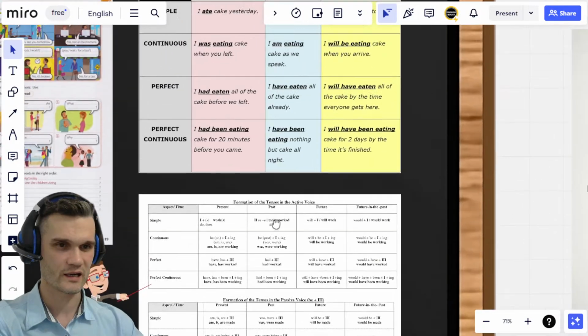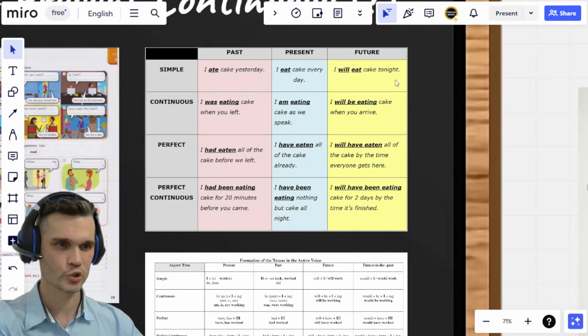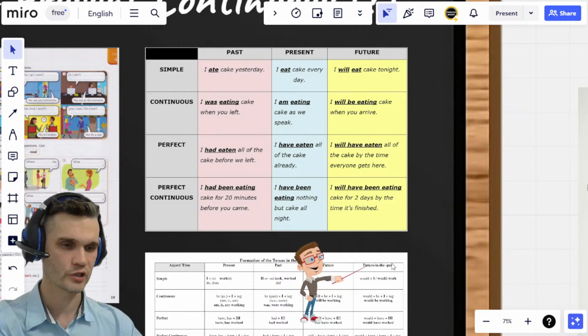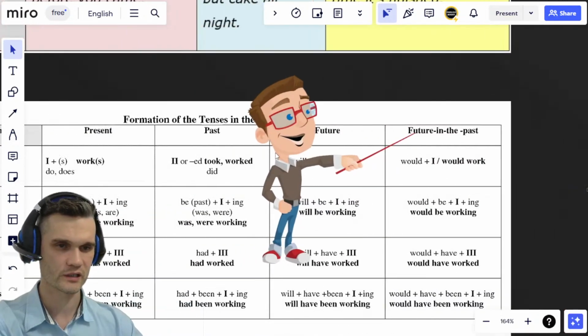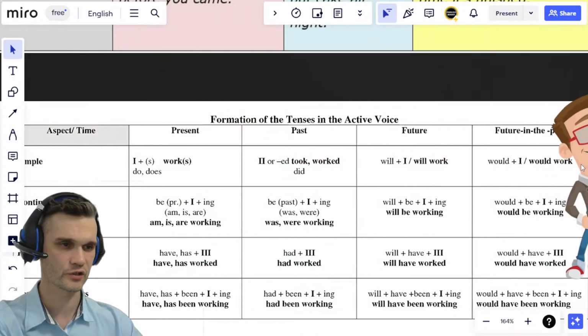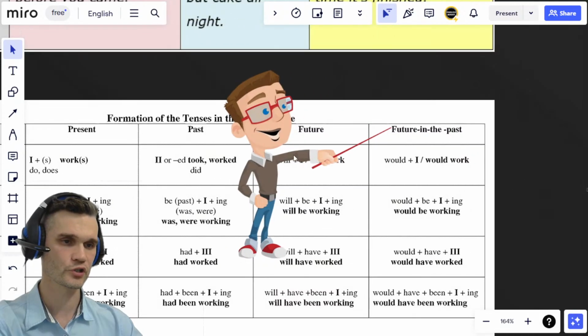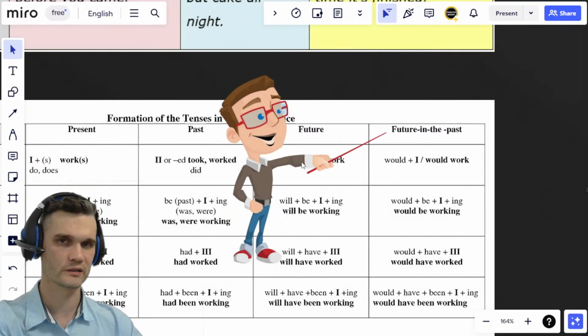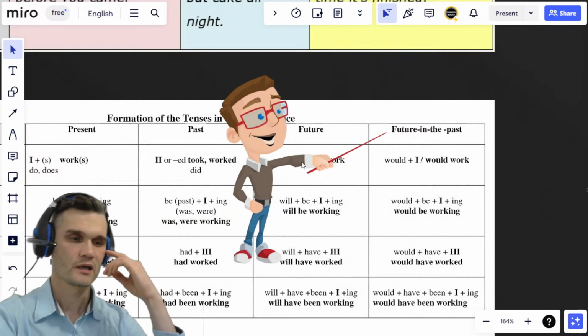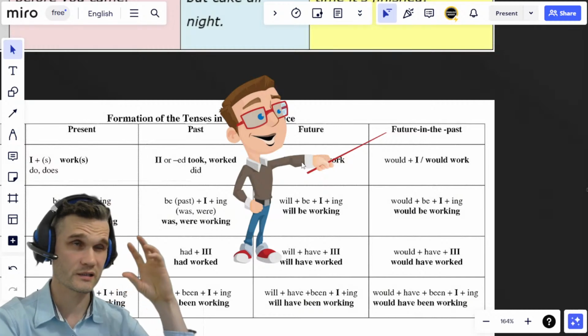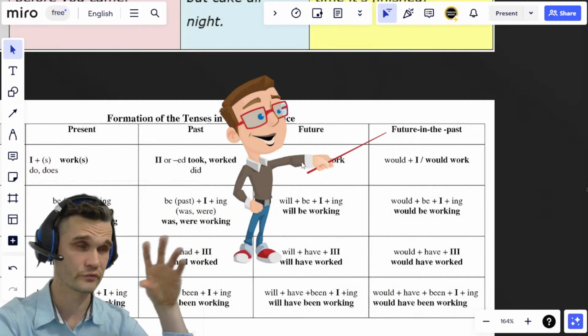The thing is, we should add one more tense here, and it is called future in the past. As you can see, present, past, future, and future in the past. So future in the past is not a real tense or time. It's a tense from the grammar point of view.